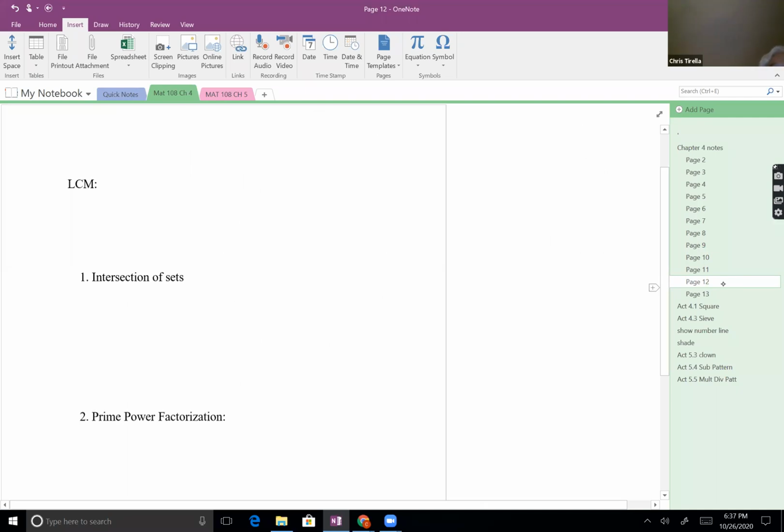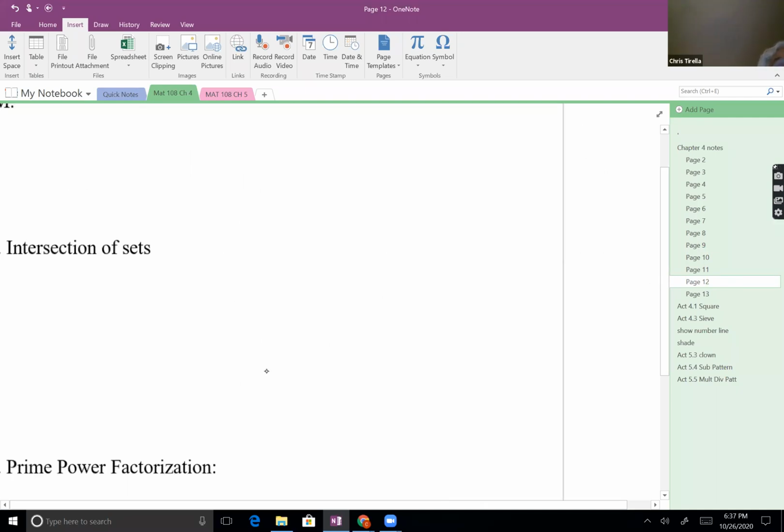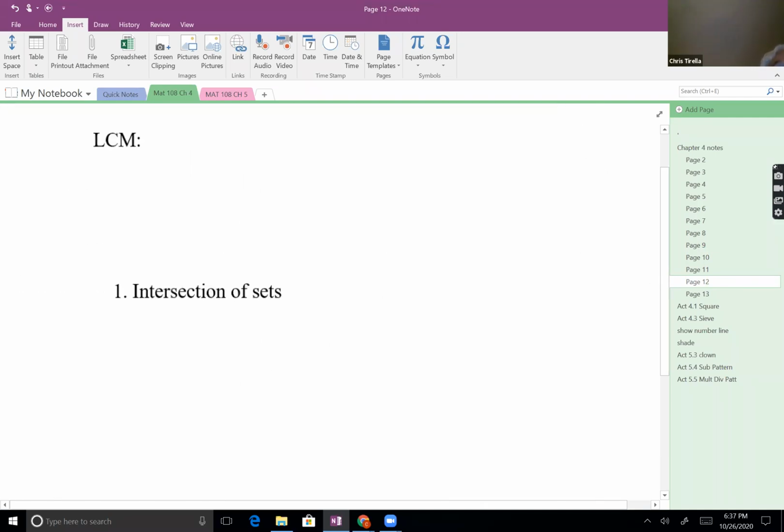The next thing we want to do is look for the LCM, which is the lowest common multiple of two numbers.